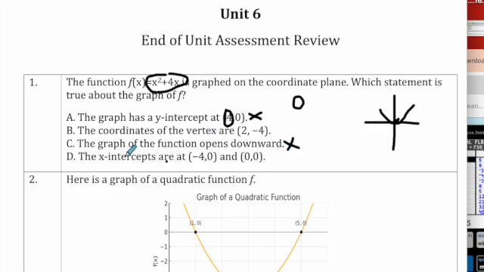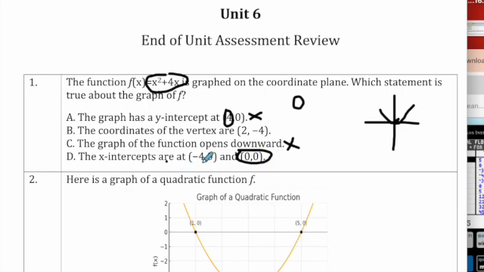All right, so now we have the x-intercepts are at negative 4 comma 0 and 0 comma 0. Well, we already saw that there is an intercept here because the intercept for y is at 0, and we also know that the x value should be 0. So this is an x-intercept. That's easy to see.